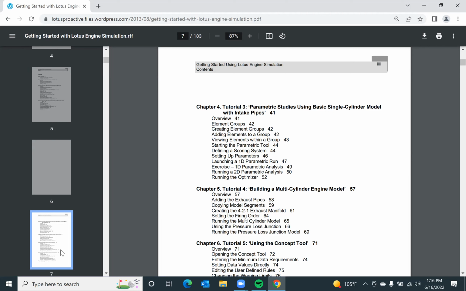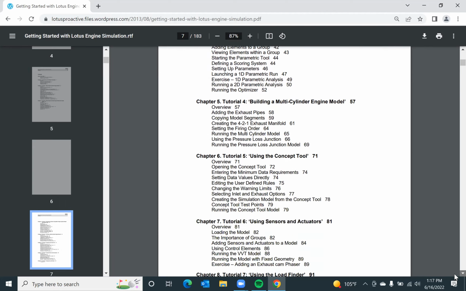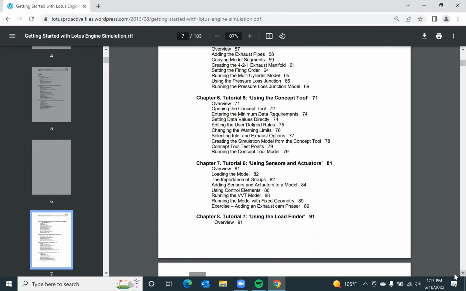And this is where you design multi-cylinder engines, not just a single cylinder engine, but two or more cylinders working together. And then you have some concept tool. I don't think we have access to the advanced functionalities of the software, but the basic functionality is good just to get some familiarity with the software.